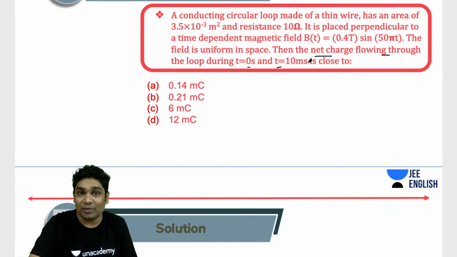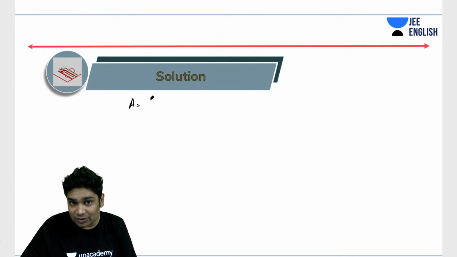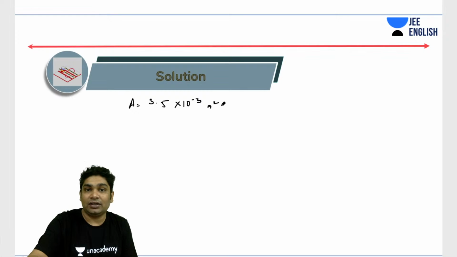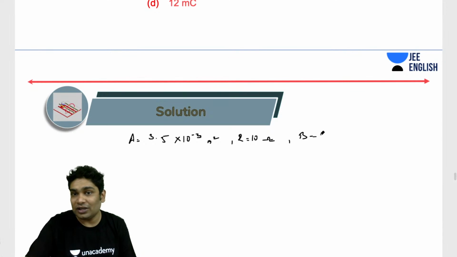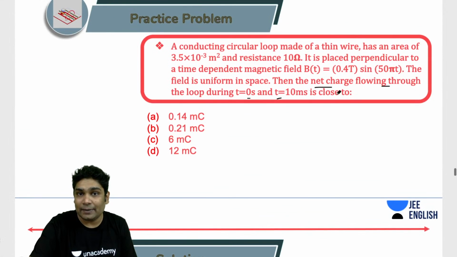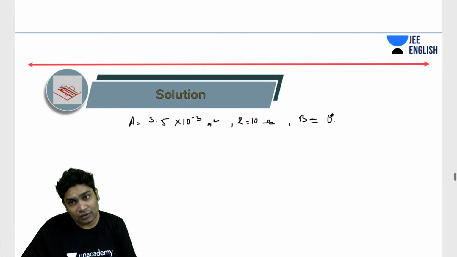Area of cross section is 3.5 into 10 to the power minus 3 meter square. The resistance has been told to you as R is 10 ohm, and the magnetic field has been told to you as 0.4 sine of 50 pi t.